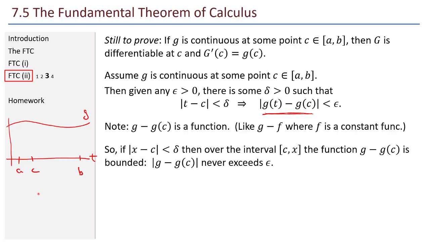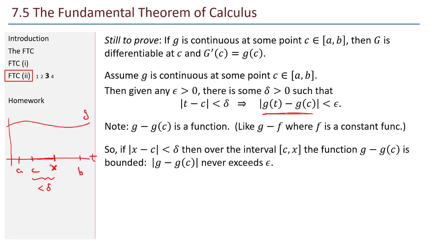So let's imagine that if the absolute value of x minus c is less than delta, so I have some x here, and let's imagine that the difference x minus c is less than delta. Then over this interval from c to x, well, it certainly has to be the case that the function g minus g of c is bounded.